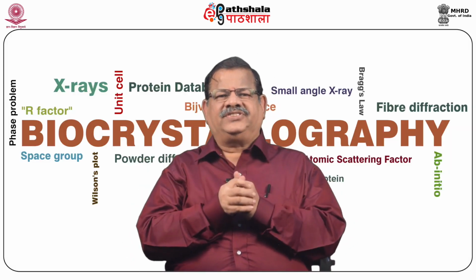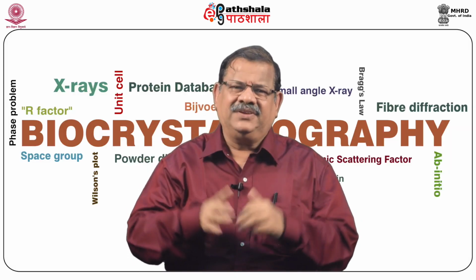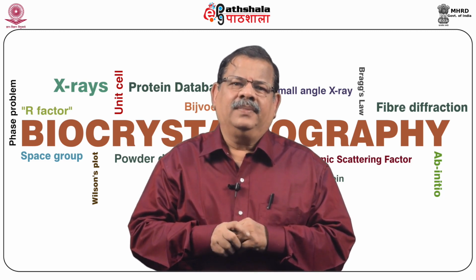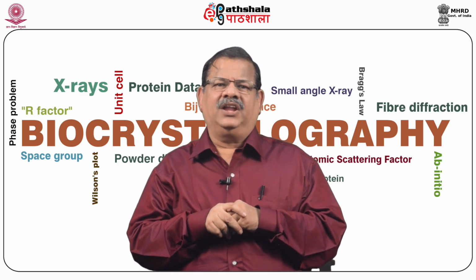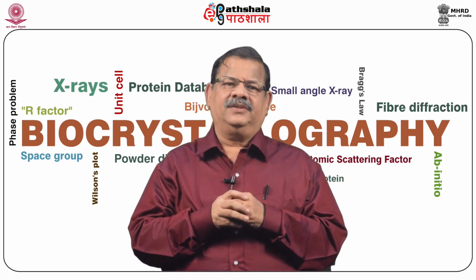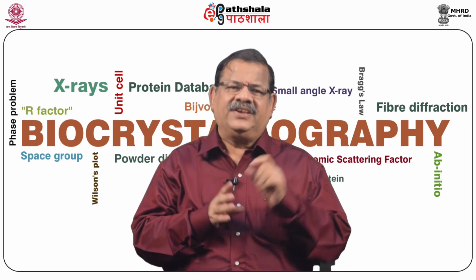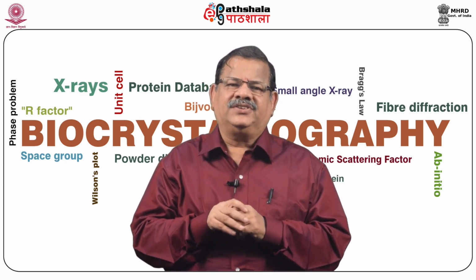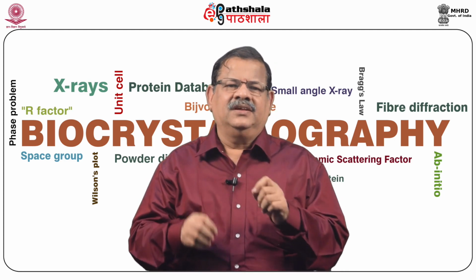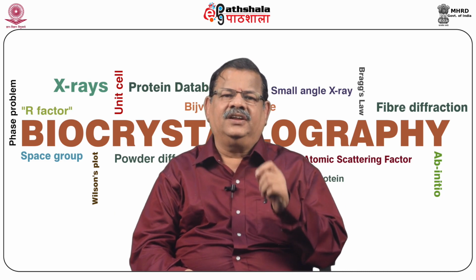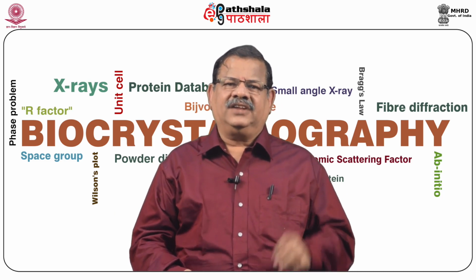Let us now look into the steps involved in the three-dimensional structure determination. For the three-dimensional structure determination of molecules using single crystal diffraction, the first and foremost step is to crystallize the molecule to a dimension of about 0.2 millimeter in length, breadth and thickness, in the form of a single crystal without any cracks or clustering.